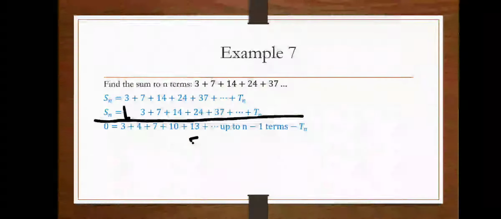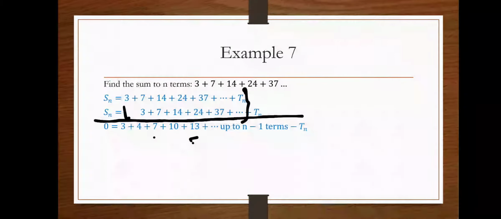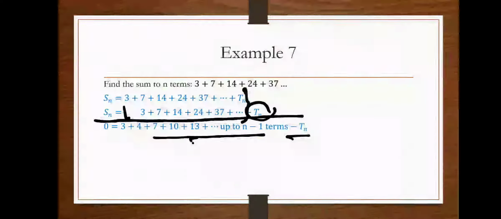And how many terms there will be? Obviously this Tn is here, so Tn minus 1, so there will be n minus 1 terms, and this last Tn that we have, that will be just subtracted because there is nothing here, so it will be minus Tn, right?